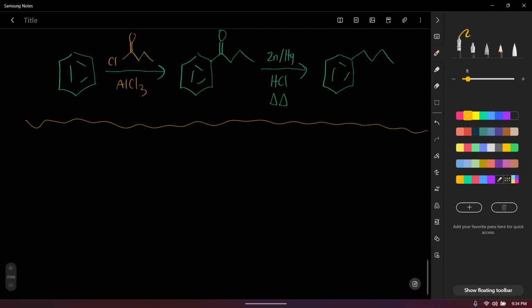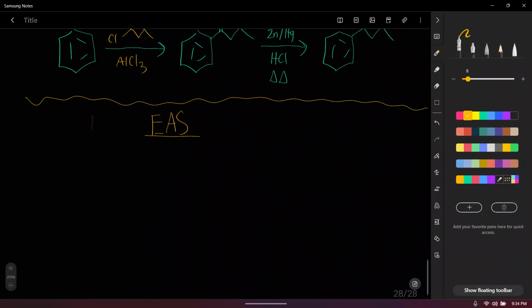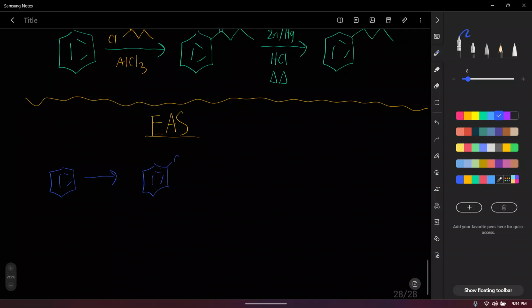I just want to review all of the amazing things that we can now do because of EAS. Okay. So if I have a benzene ring, I can turn that into a chlorine. So I can put a chlorine atom on a benzene ring. I can put a bromine atom on.